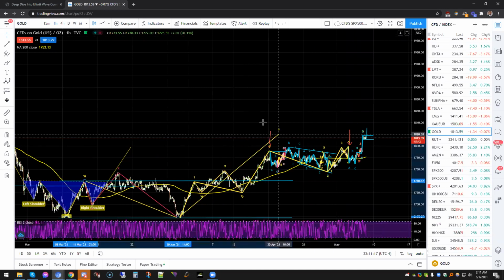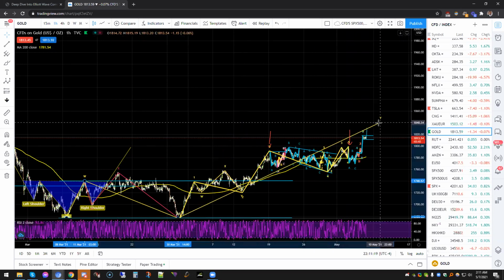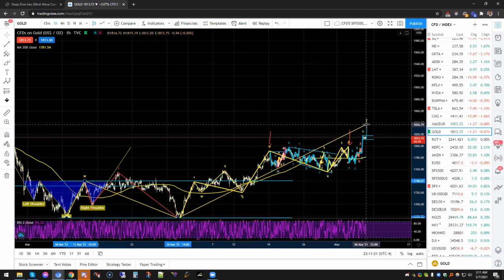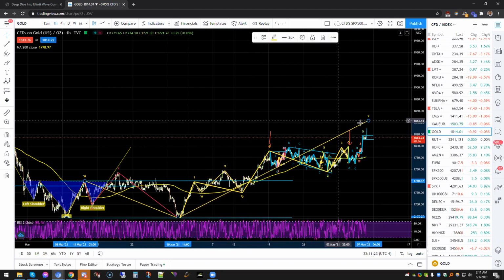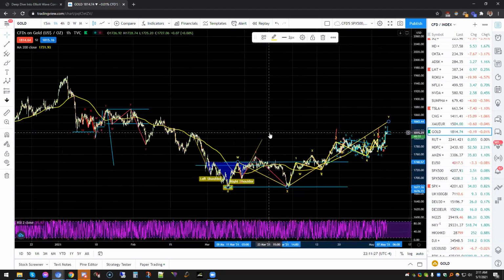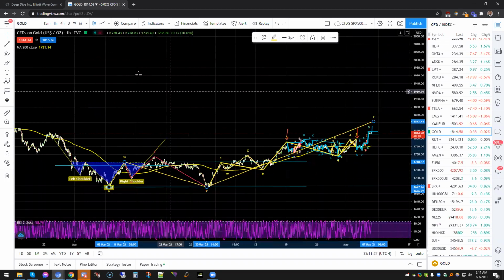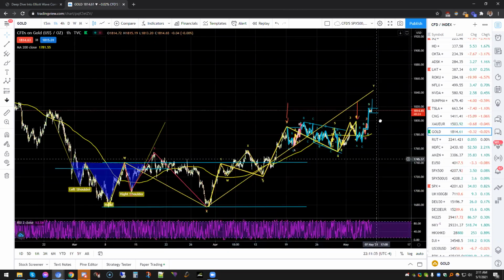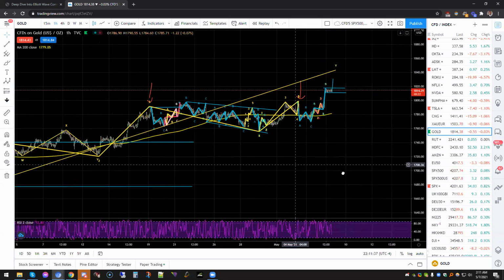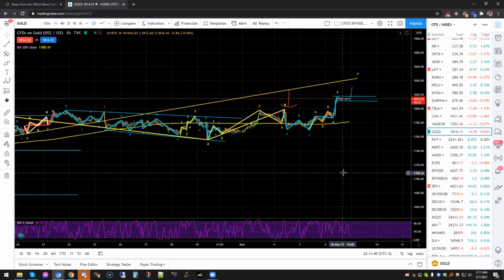So this Y wave could end somewhere around here or around here, somewhere up here, and then take price to the downside again. So it's just a matter of understanding what's going on. Whenever you're looking at price action, you need to be able to look to the left.